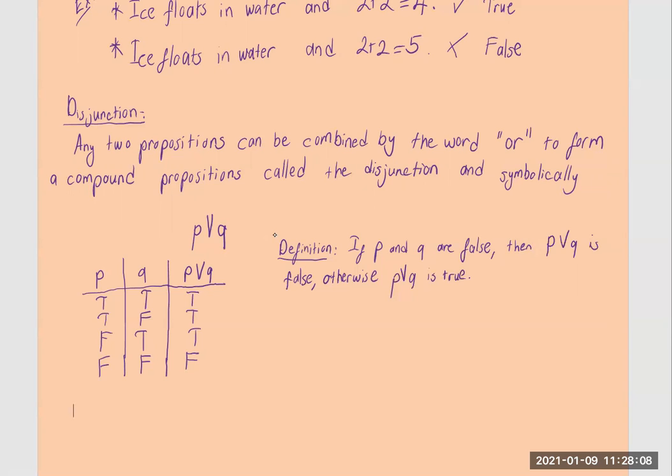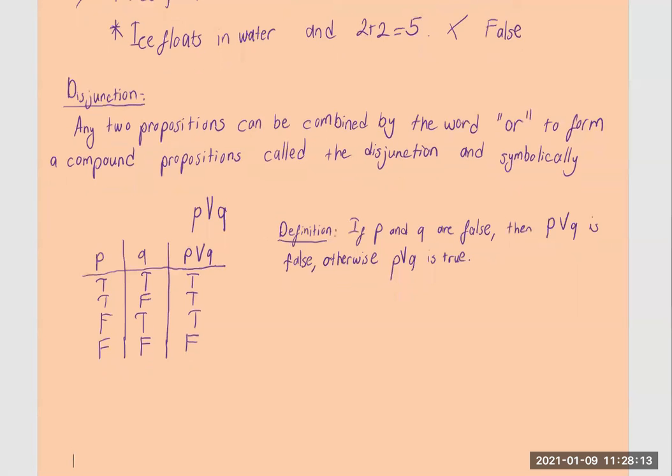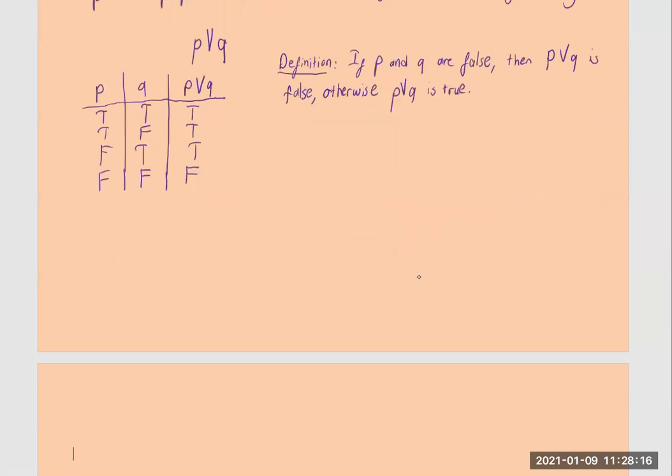So these are really basic, I'm sure, for you, and we can go as fast as we can. Here is the example, again our famous example: ice floats in water, or 2 plus 2 is equal 4.